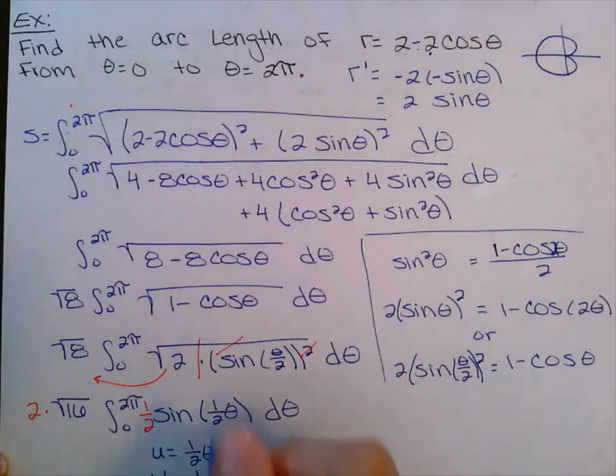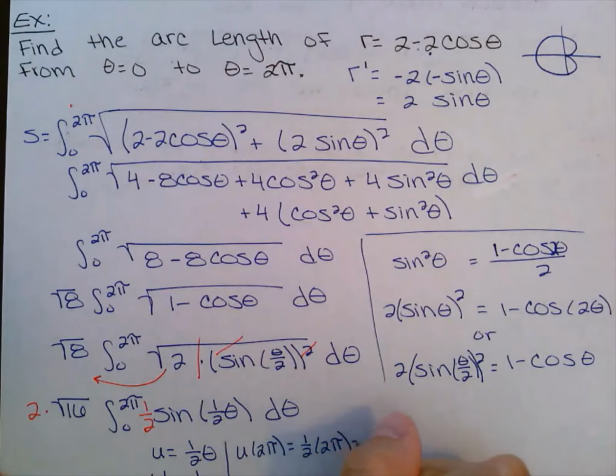Now I do need to change my a to b, so I'm going to say u at 2 pi is going to be half of theta, which is half of 2 pi. So I'm going to use pi as my top limit. And then u at 0, which is half of 0, which is still 0.